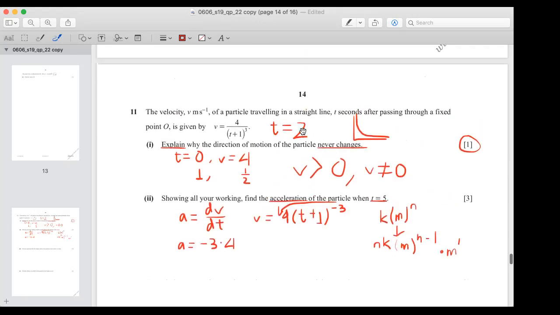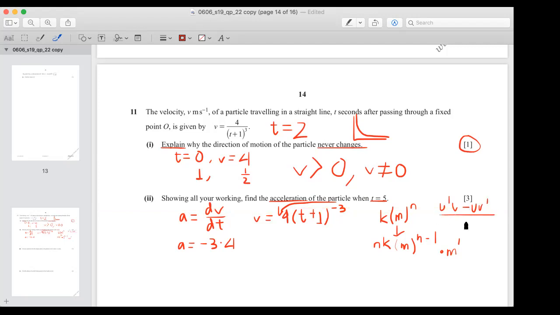Of course, you can do the substitution. Is it called the substitution rule? Like the rule where you put the derivative of this.